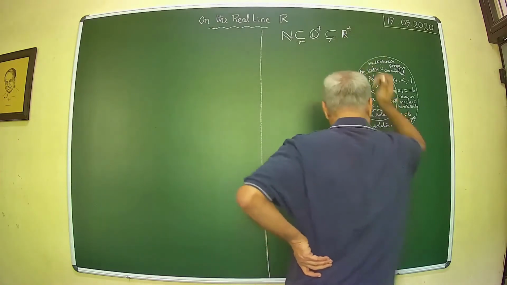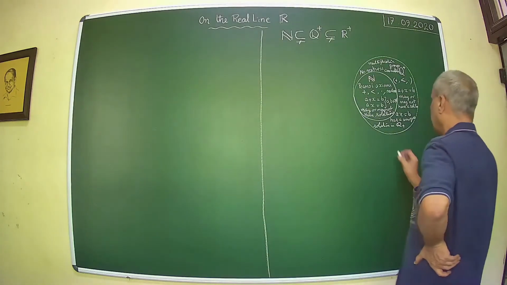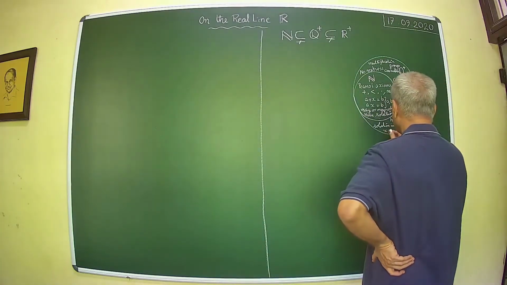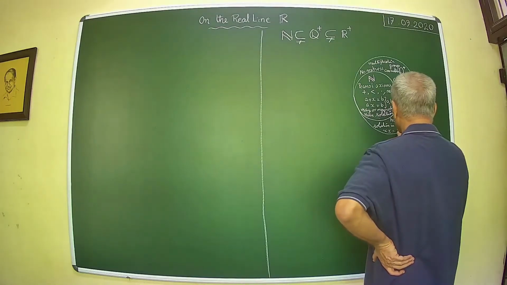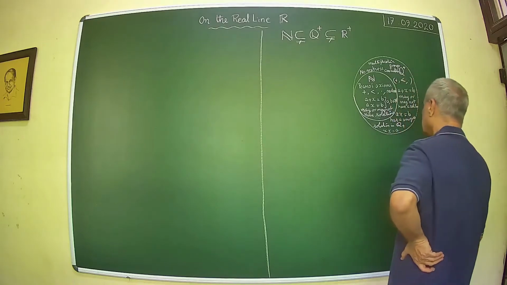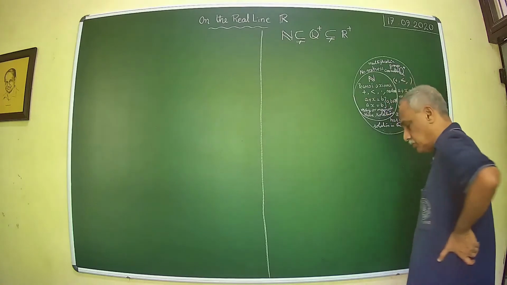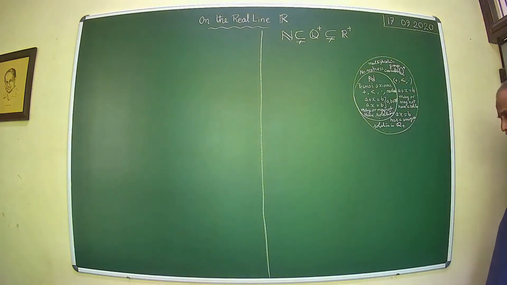We found that equations of the type x square, that is x into x, equal to a, may not have a solution. More specifically, x square equal to 2 does not have a solution. So we would like to sort this out if it is possible. So that's the position that you have with Q plus.